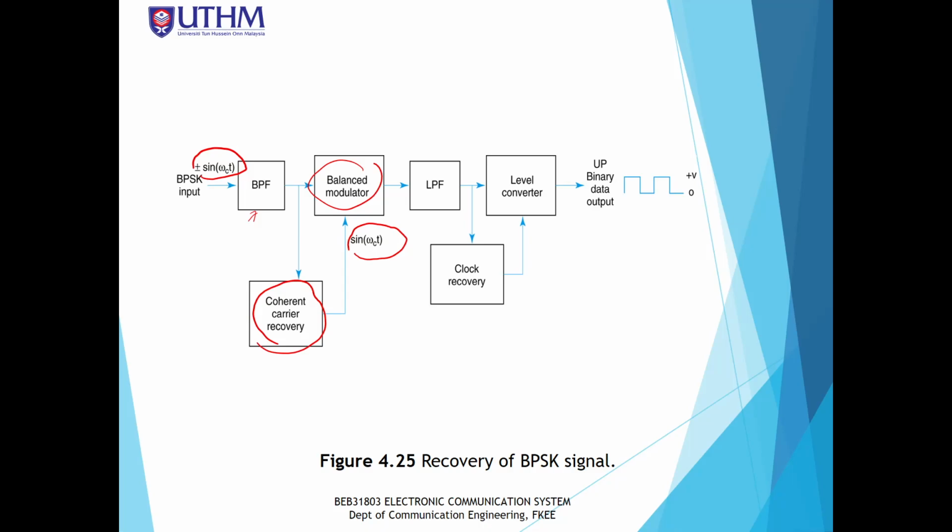So sine omega ct is multiplied with sine omega ct. Remember, the balance modulator does the process of multiplication.